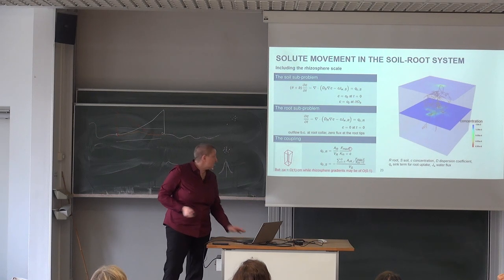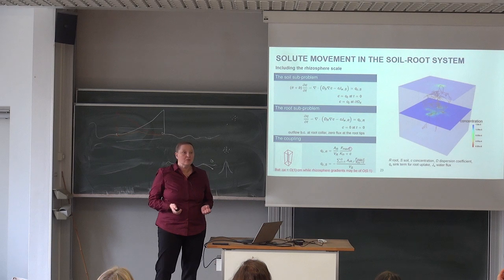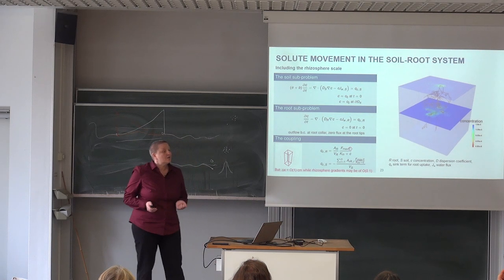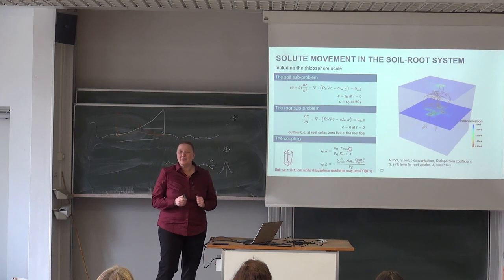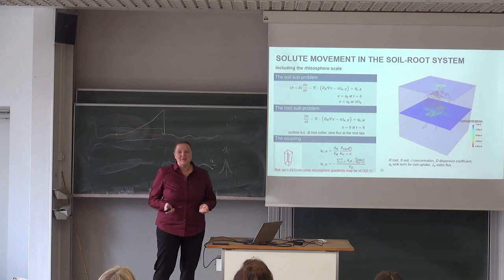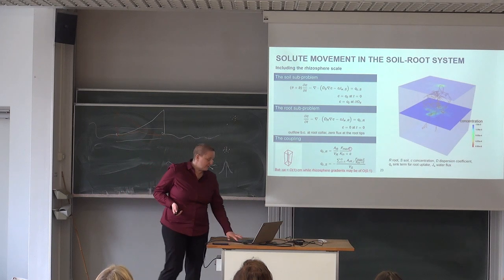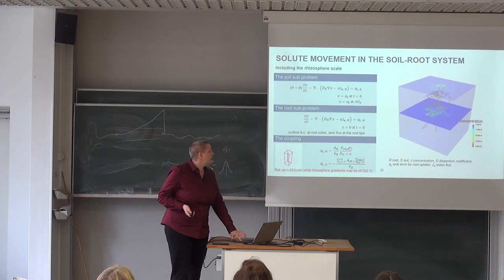But we know that the rhizosphere gradients could be on the order of millimeters or even smaller. One way to handle this could be a brute force higher resolution, going down to sub-millimeter scale. But you can imagine that then your computing time will explode, even if you do local grid refinement.